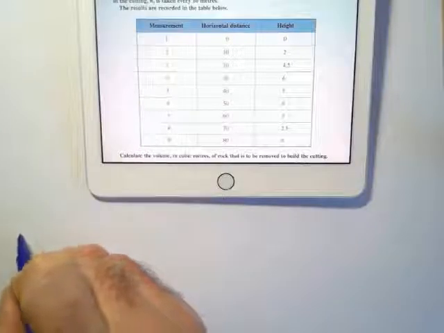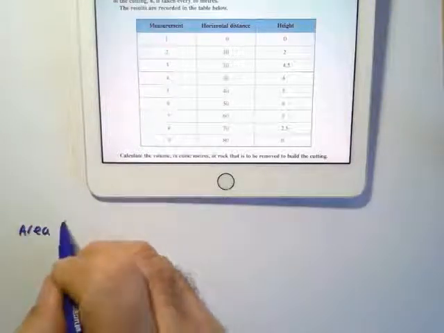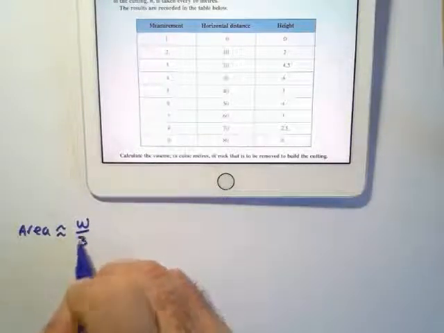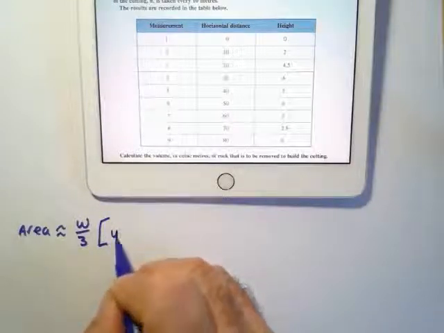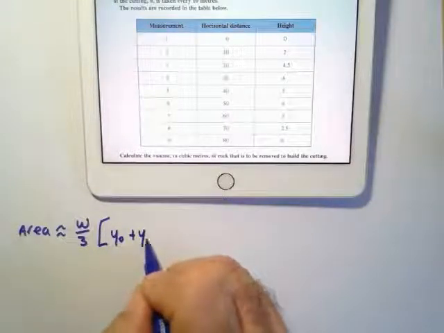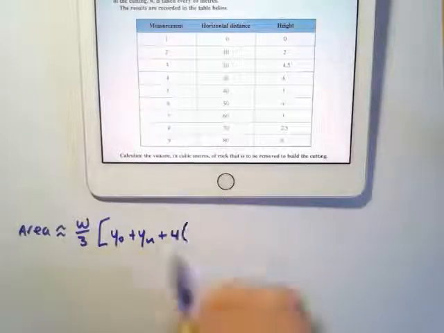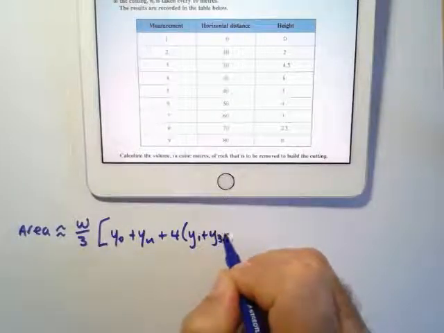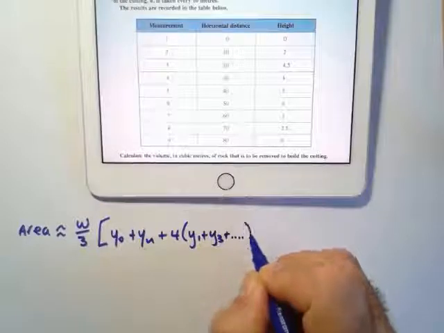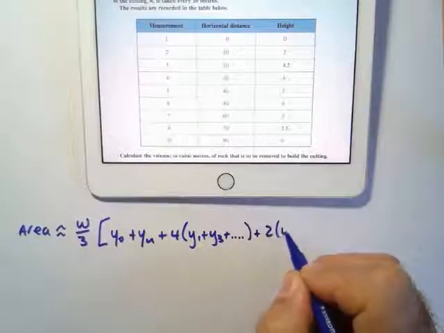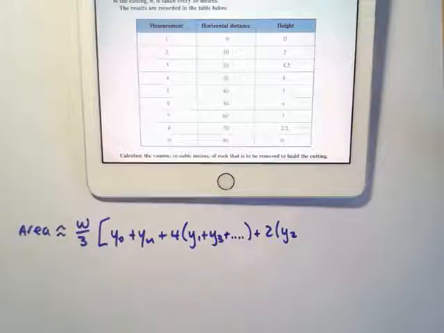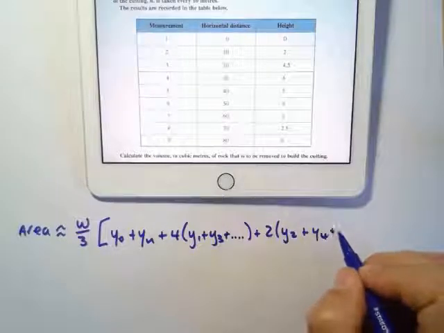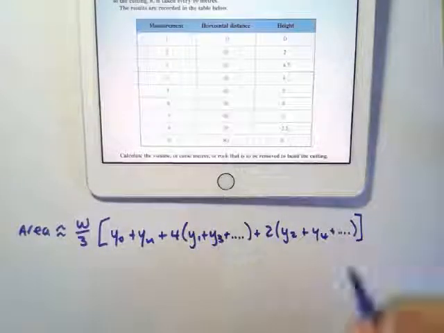So we're going to say area equals, and we use Simpson's rule: the width divided by 3 multiplied by the first plus the last reading, plus 4 times all the odd readings, y1 plus y3 plus ..., plus 2 times all the even ones, so that's y2 plus y4 plus ... So that's what we're going to do.